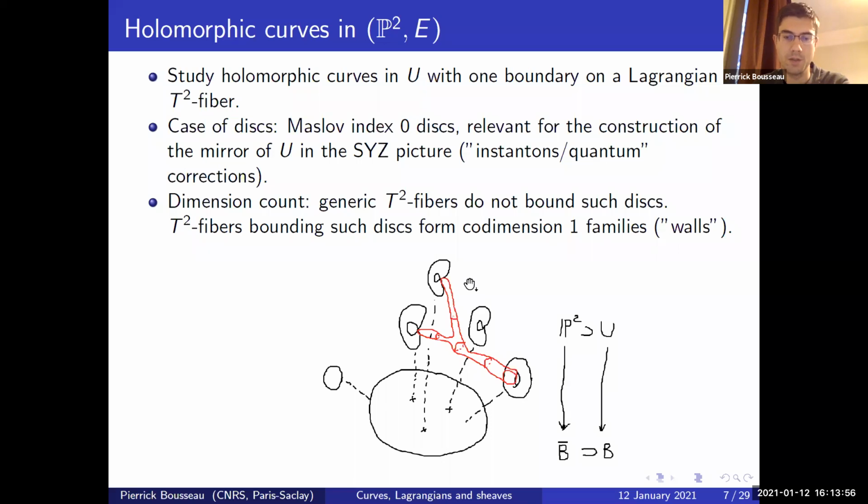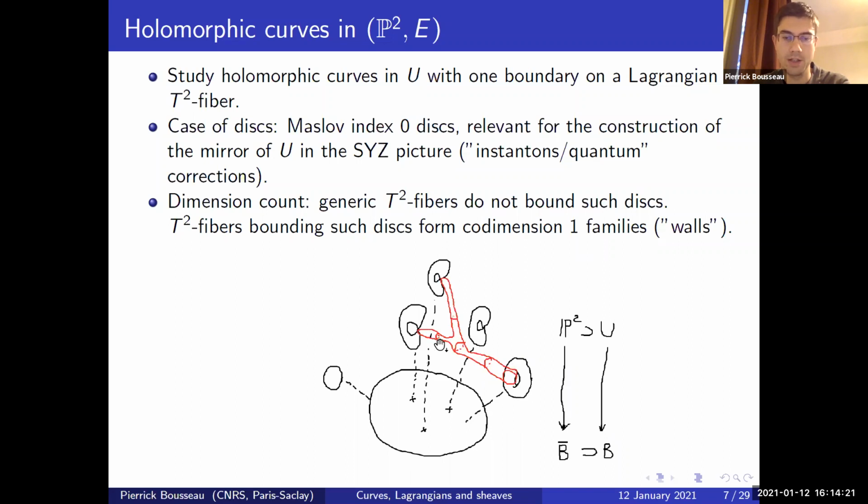So the picture to have in mind is the one which is drawn on this slide, where I've again drawn this torus fibration. And I've drawn something in red. And this red, topologically, is supposed to be a disk, which has a boundary on a smooth T2 fiber, and which is then doing something possibly complicated in the geometry.